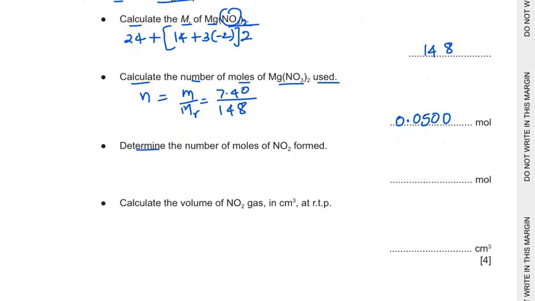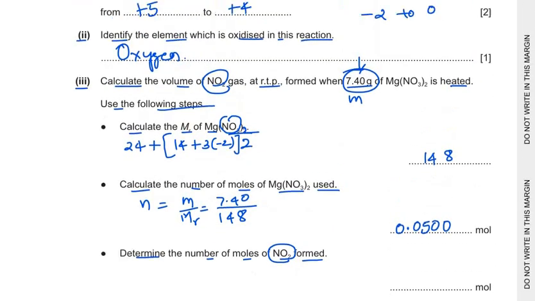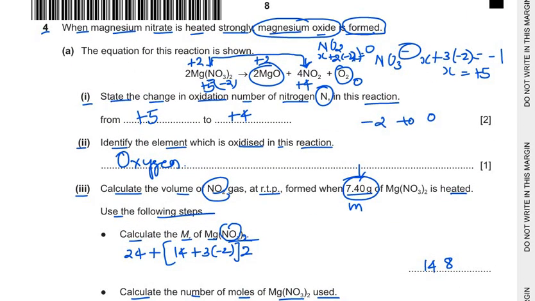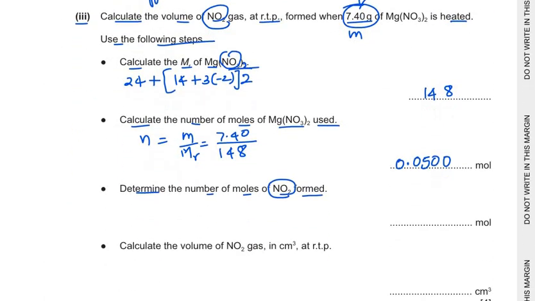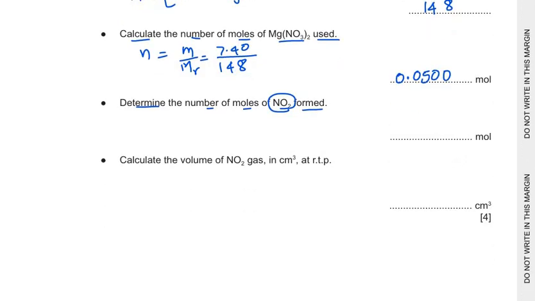Here it says determine the number of moles of nitrogen dioxide formed. Now if we look at the equation, we can see that compared to magnesium nitrate, which is twice here, nitrogen dioxide is 4 times, right? So that is a 1:2 ratio. We can say that 2:4 is a 1:2.